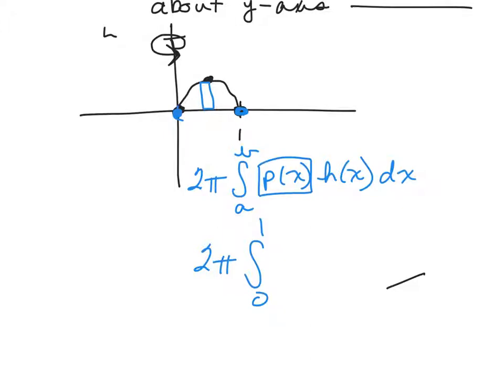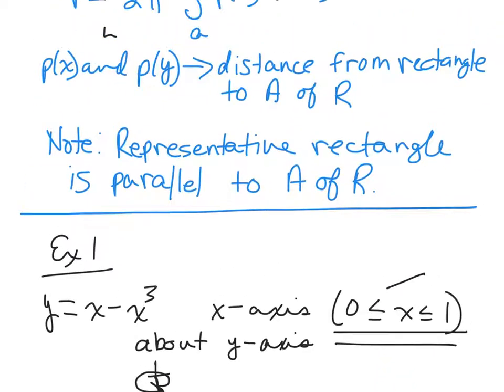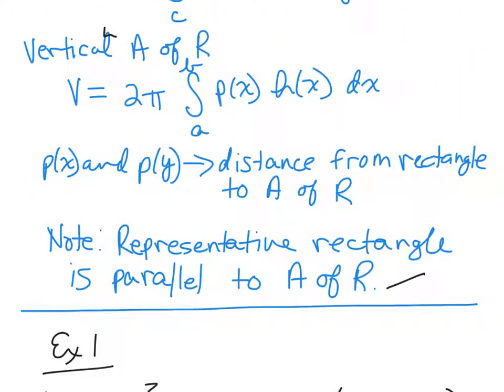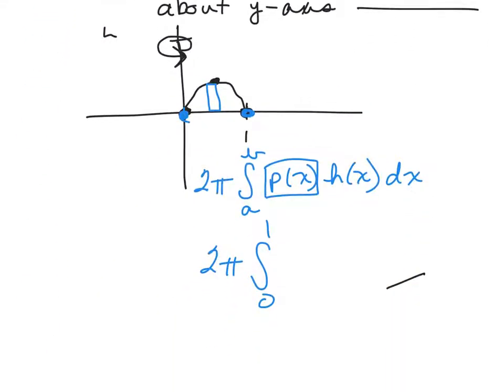Now what is p of x? We always have to remember what it says up here. P of x, by definition, is the distance from the rectangle to the axis of revolution. Okay? So, for us, on this problem, it would be this distance right here, denoted in red.